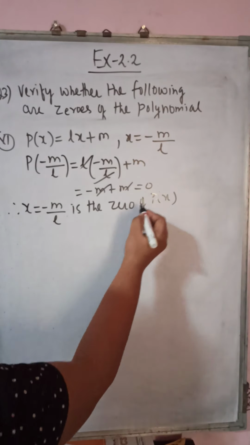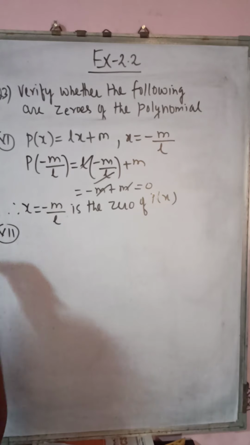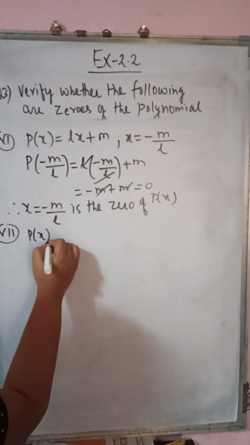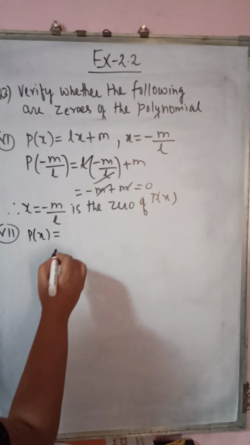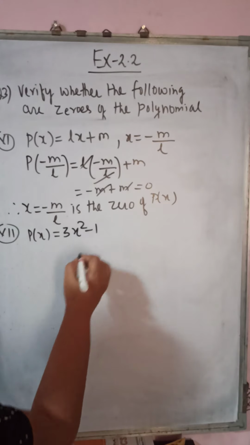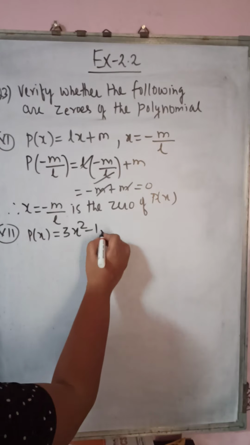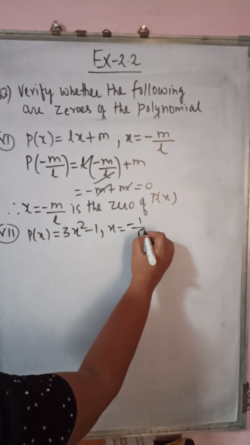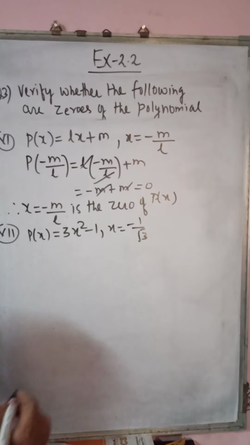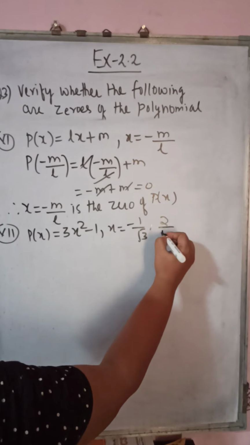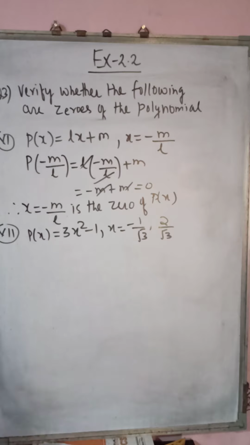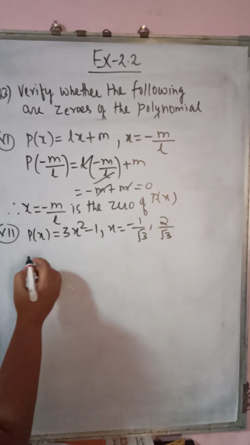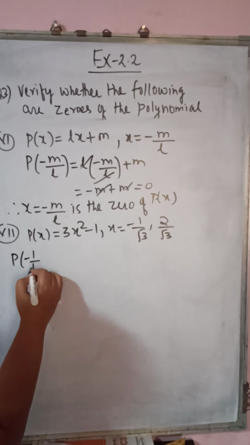Okay. Next, 7th, p(x) is equal to 3x square minus 1. x is equal to minus 1 by root 3 and 2 by root 3. So here also we will put them one by one. First we will put x equals minus 1 by root 3.